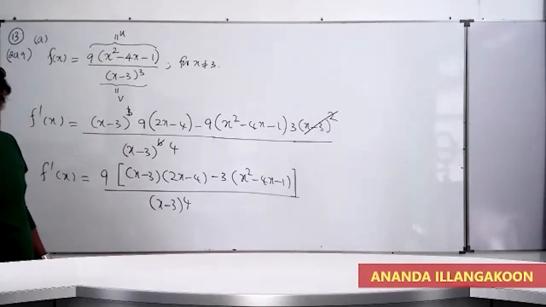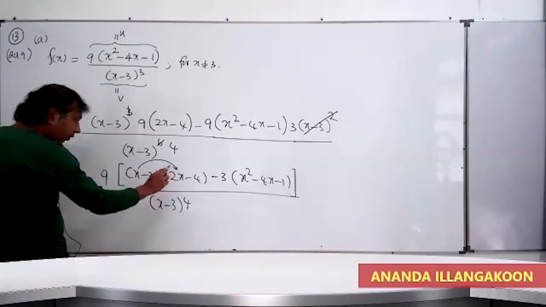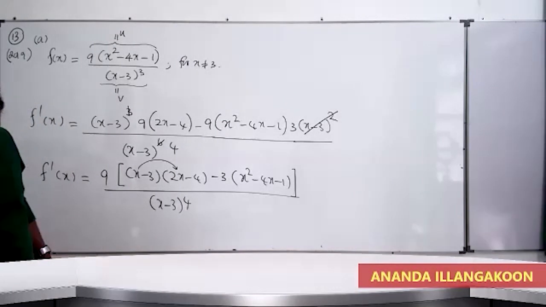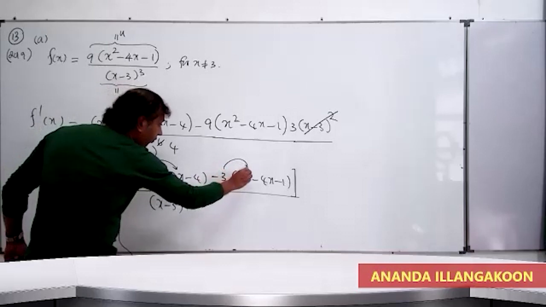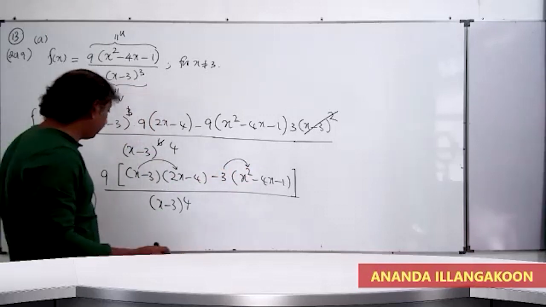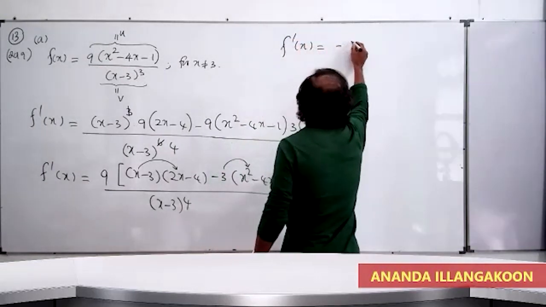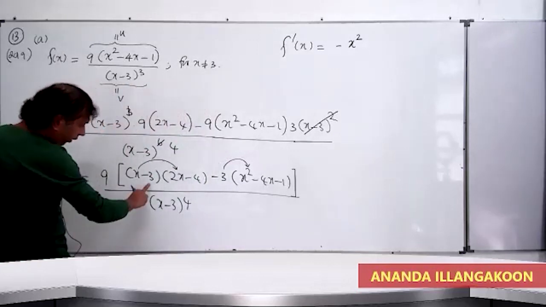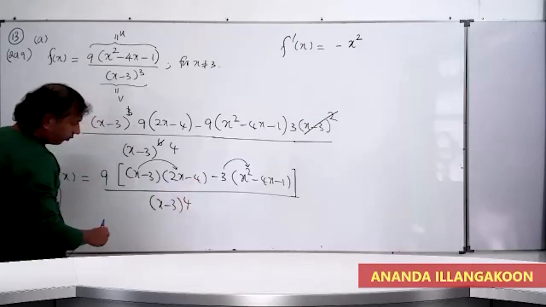Now simplify here. We get 2x squared here. And here we get minus 3x squared. Then we get minus x squared. Minus x squared. And here we get minus 6x. And here minus 4x.